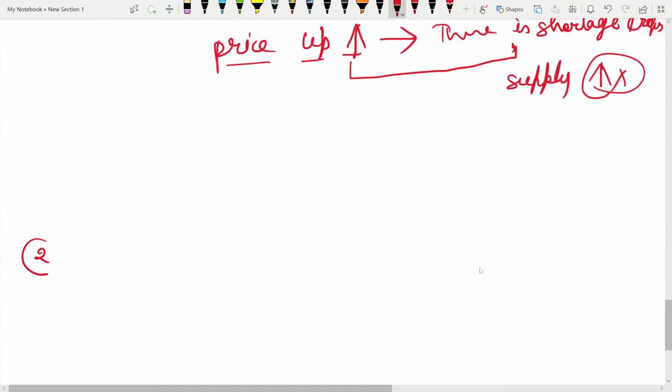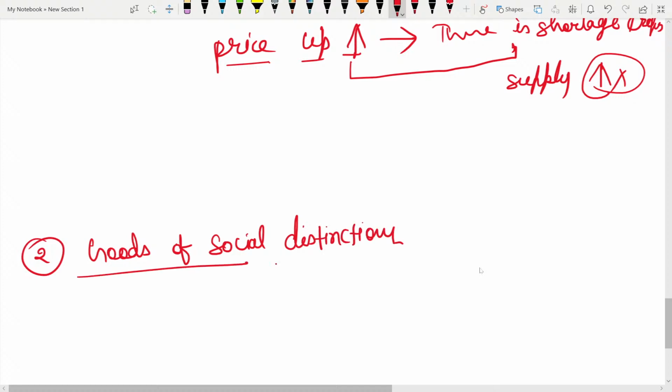Now, second, goods of social distinction. The supply of goods of social distinction will remain limited, even if the price tends to rise.